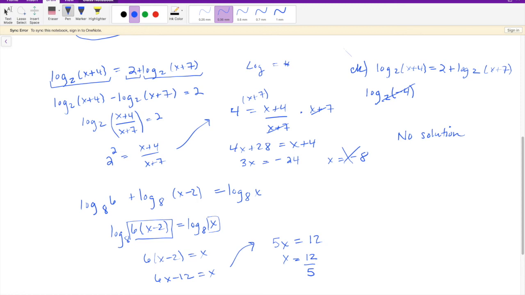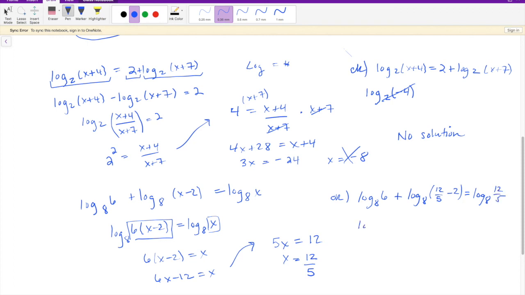Okay, good deal. So let's plug her in and see what we get. All right, so plugging into the original, we have log base 8 of 6 plus log base 8 of, that's 12 over 5 minus 2, is equal to log base 8 of 12 over 5.